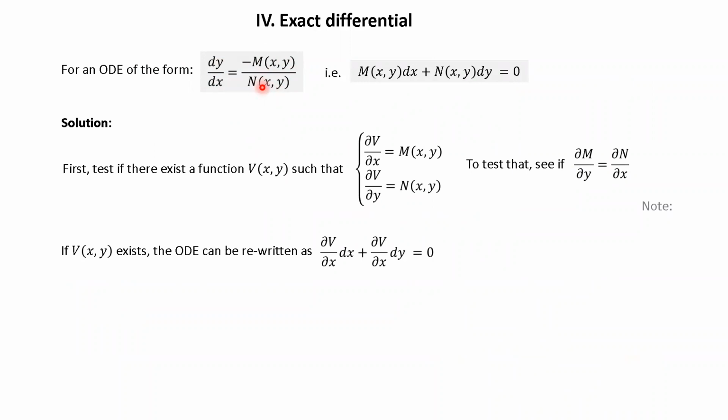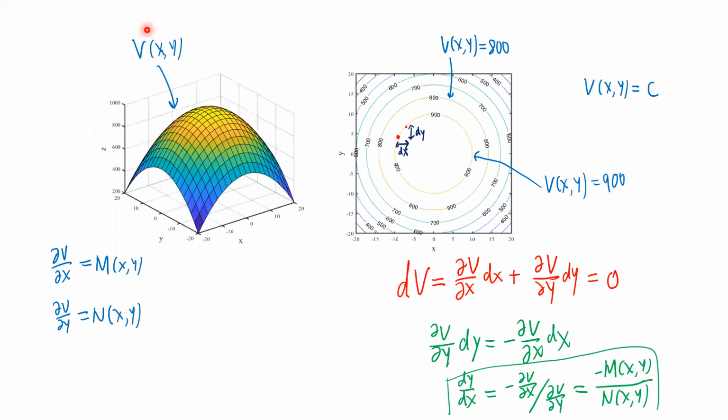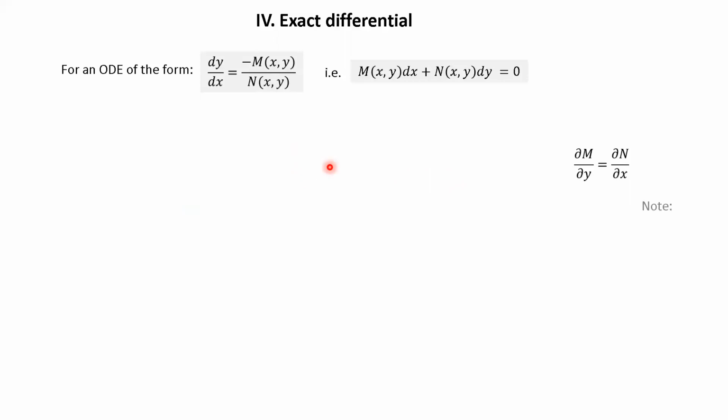So first of all, you need to test whether this and this indeed correspond to the partial derivatives of a function V. If not, then this is still an ODE, but the meaning is not to find the contour lines of this V function.